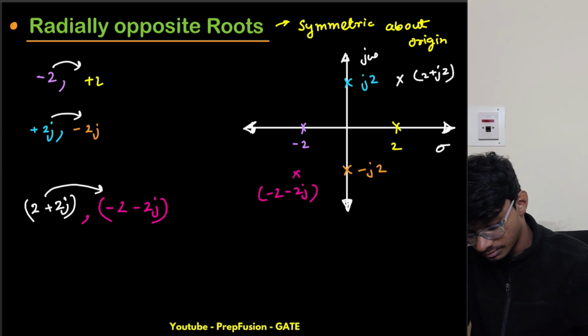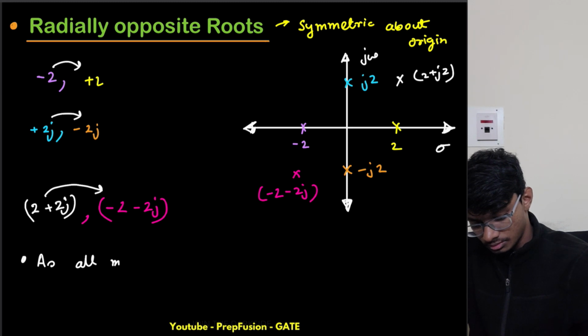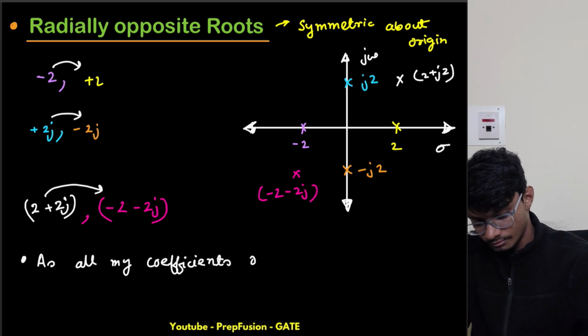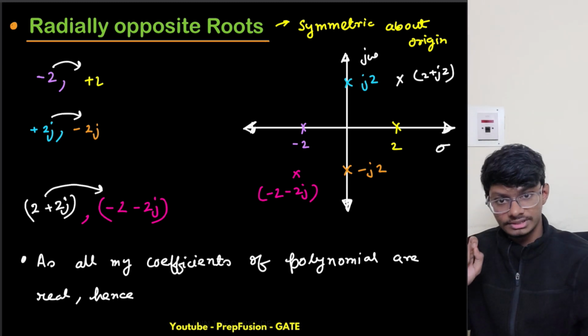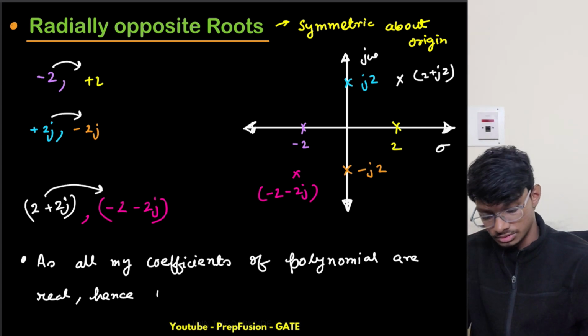All my coefficients of polynomial are real, hence I will always get complex conjugate roots.